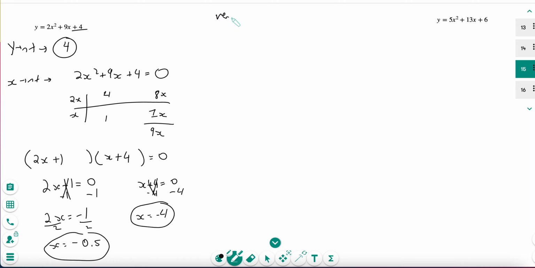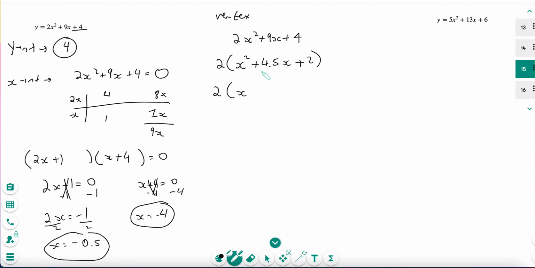For the vertex, we're going to complete the square. Whenever we complete the square and there's a number in front of x squared, we have to factorize it out. So get that 2 out: 2 times x squared plus 4.5x makes 9x, and 2 times 2 makes 4.